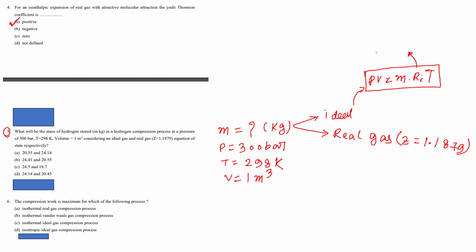So you can put R as 287 joule per kg Kelvin. Can you calculate at least one ideal gas situation?